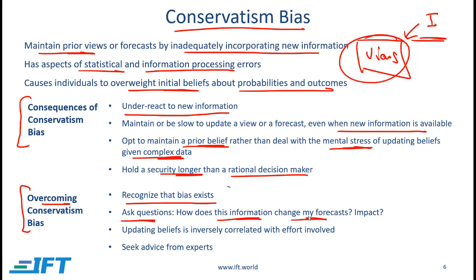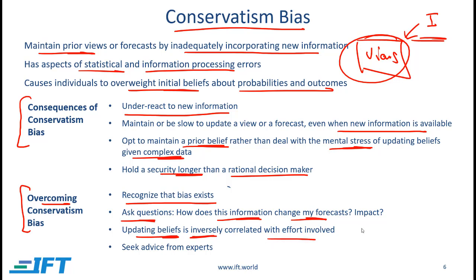And related to that, what is the impact of this new information? If I am not adequately responding to new information, or I am ignoring new information, then perhaps I have this conservatism bias. We should also recognize that updating beliefs is inversely correlated with the effort involved.